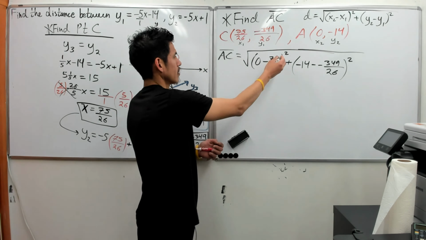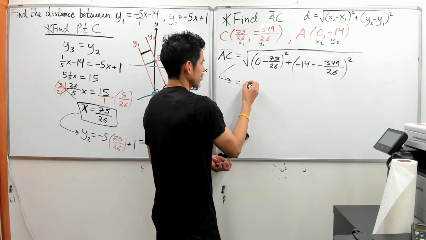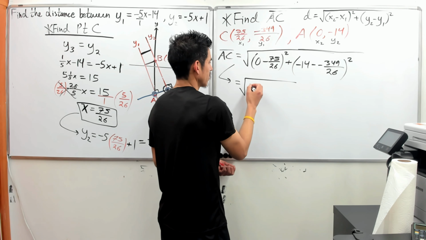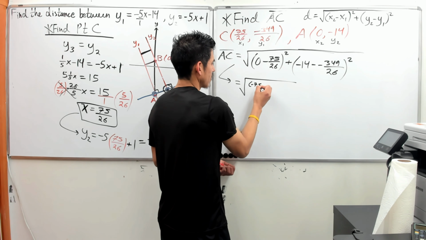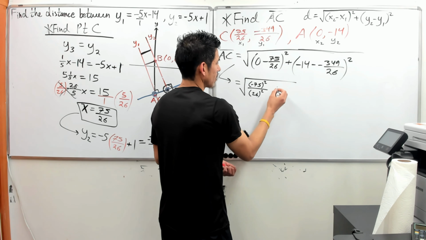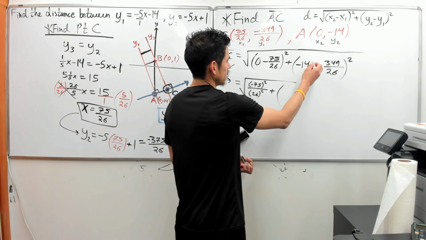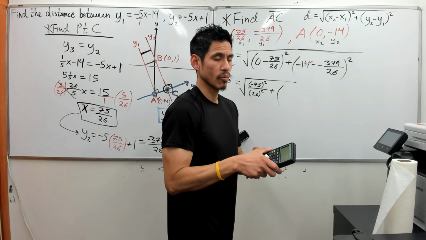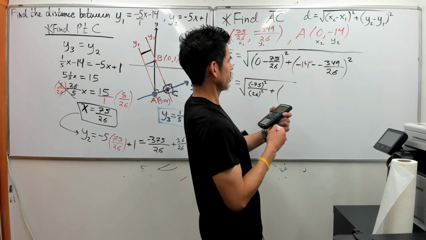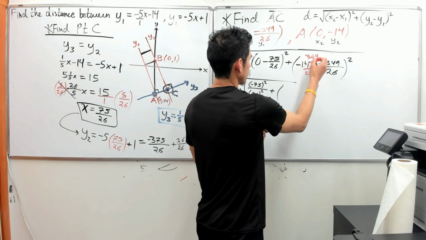Okay, so this ends up being -75 squared, which is the same as 75 squared, over 26 squared, plus, let's change this 14 in terms of 26 so we can combine it. So 14 times 26, 364. This is negative 364 over 26.